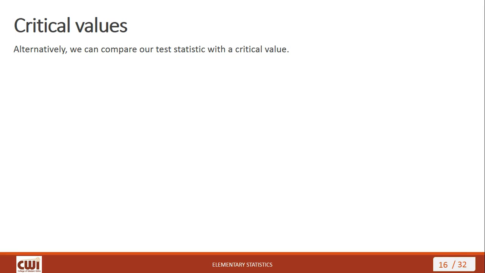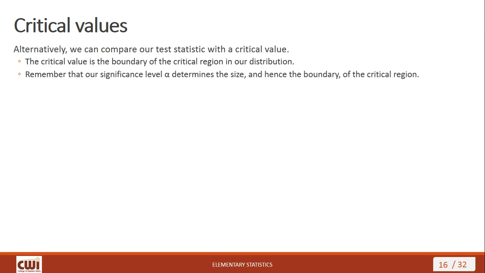Let's look at critical values, because if we don't use the p-values and compare it with the standard of our significance level, then the critical value becomes the standard by which we use for comparison with the test statistic. So the critical value is simply the boundary of the critical region in our distribution. Remember, the significance level alpha determines the size of the critical region.